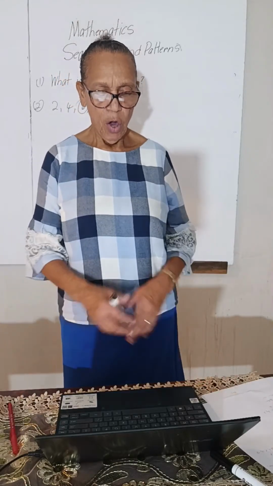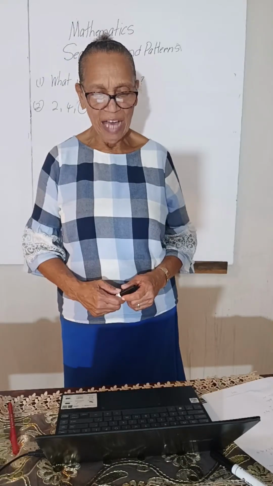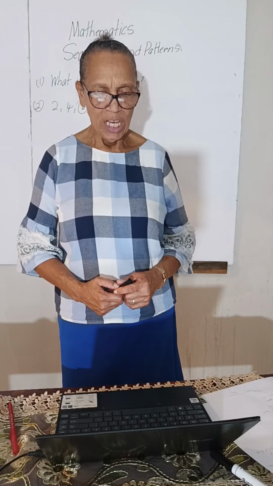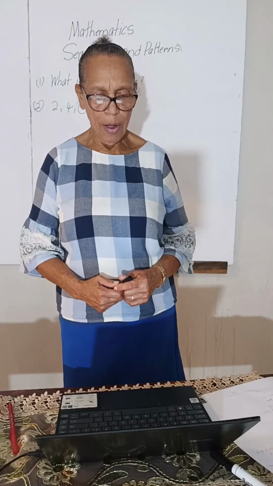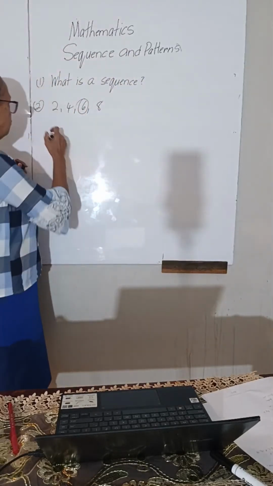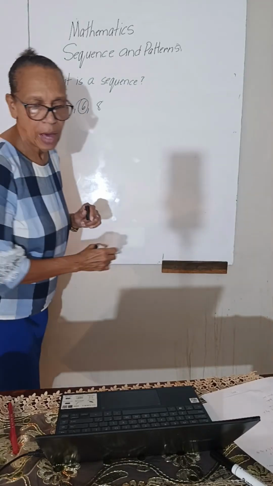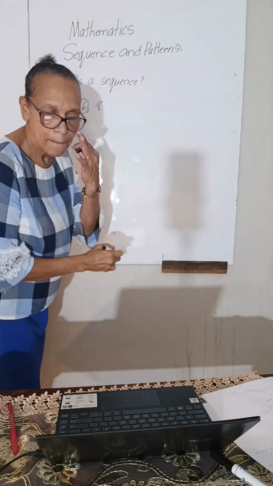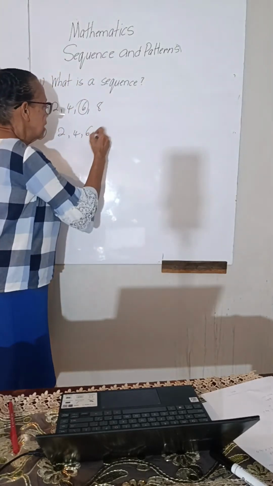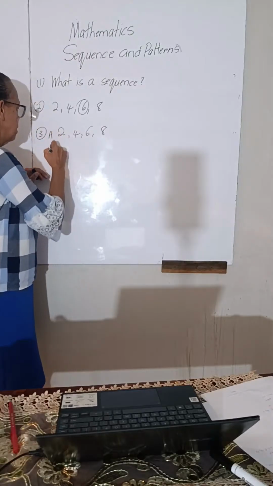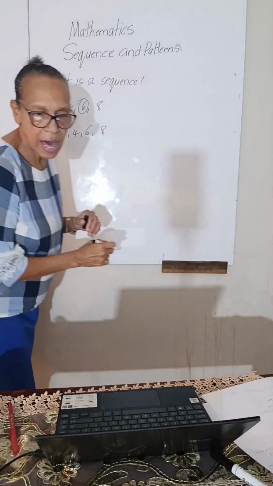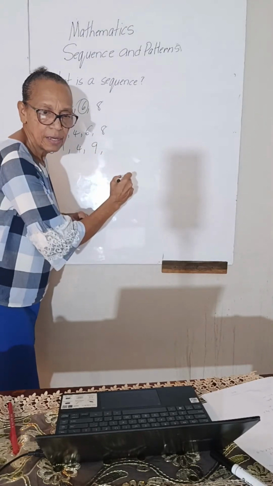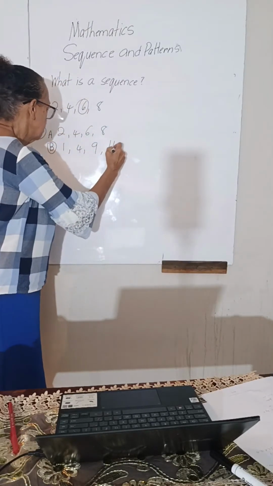Number 3, which sequence shows a square number pattern? You have A, 2, 4, 6, 8. B, you have 1, 4, 9, 16.